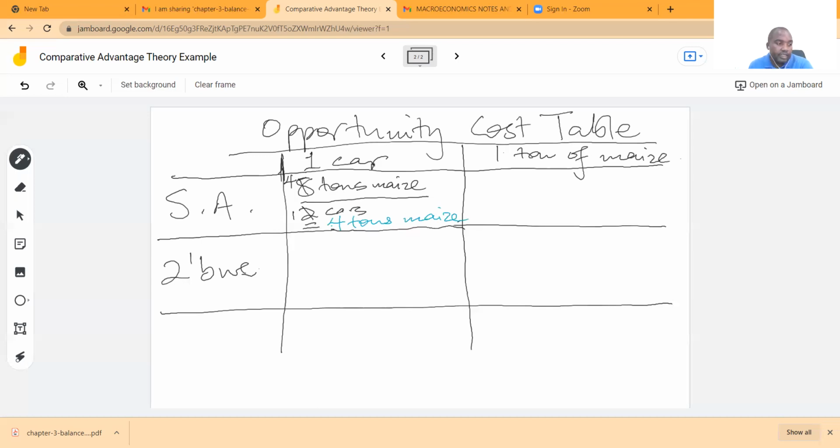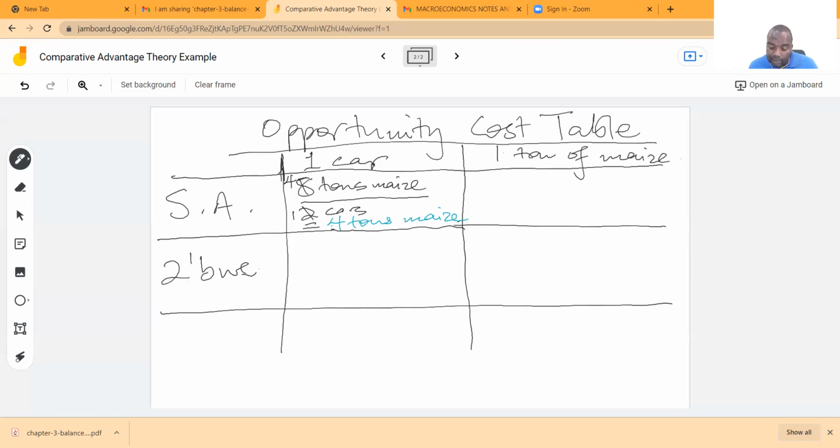We know that for 8 tons of maize, South Africa would have to forego the production of 2 cars. So for 4 tons of maize, South Africa would be foregoing 1 car, which is what we just found out.